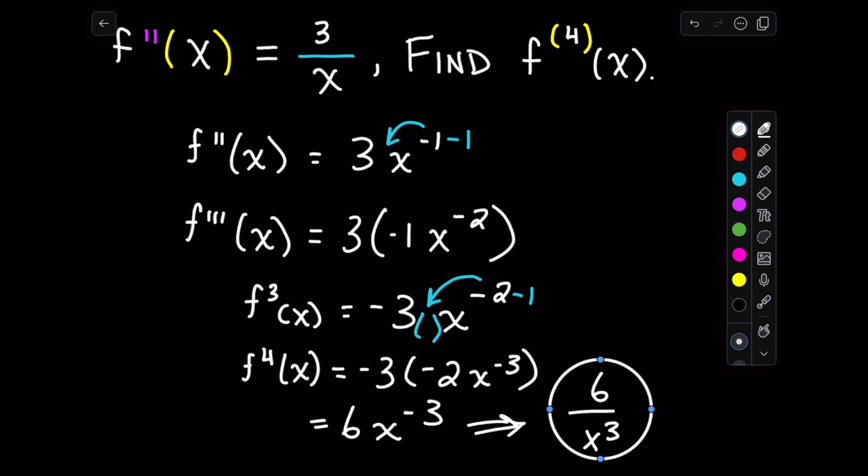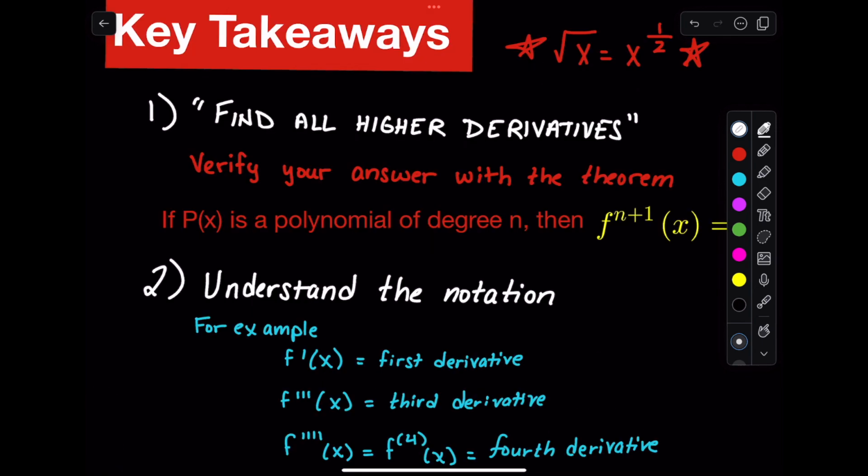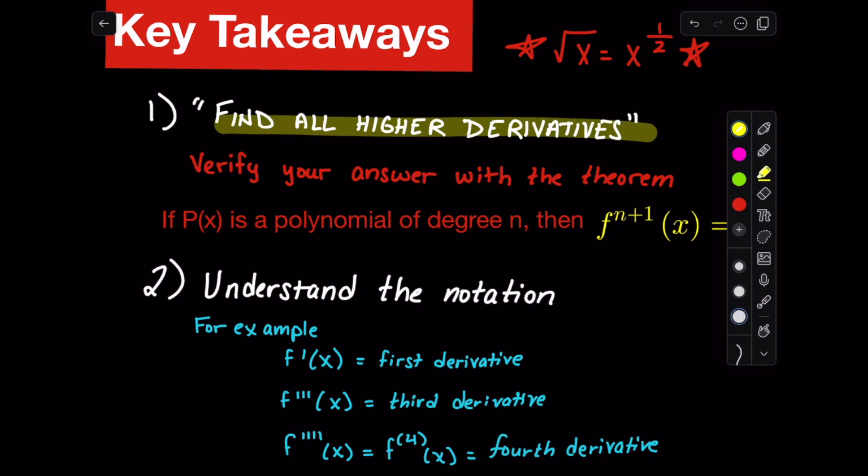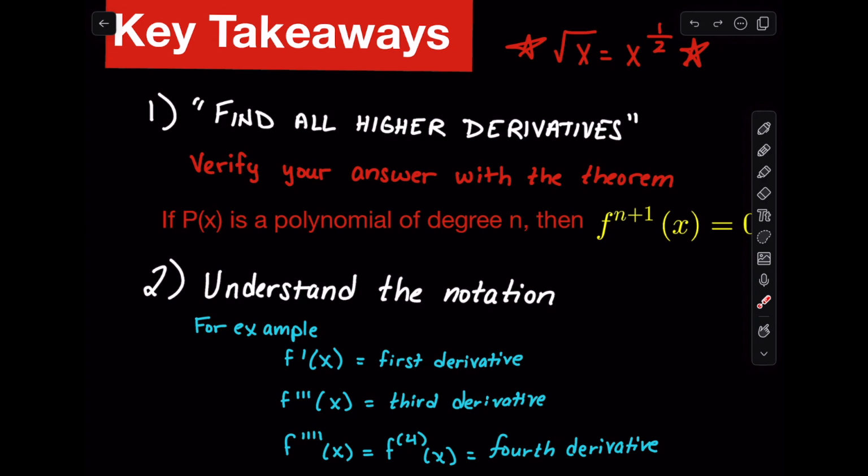So some key takeaways on this topic: when you're taking derivatives, you're going to want to make sure you convert all radicals to their exponent form to just make it much easier to take the derivative. And then for the questions where you need to find all higher derivatives, you can always verify your answer with the theorem: if p of x is a polynomial of degree n, so the highest degree exponent in f of x, then that value plus 1 will get you the derivative where the right-hand side of the equation equals 0.